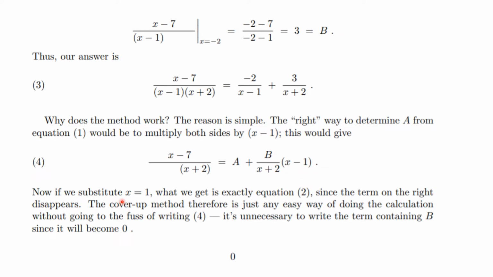But if we substitute x equals 1, this will become 0, which is exactly the equation that we have up here. So the cover-up method, therefore, is just an easy way of doing the calculation without going to the fuss of writing equation 4 out. And it's unnecessary to write the term containing b, again, because it will be 0.